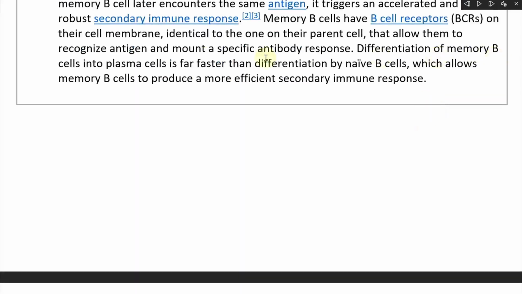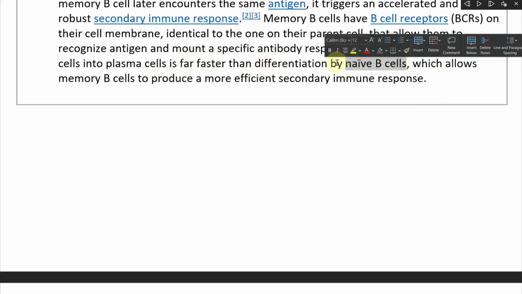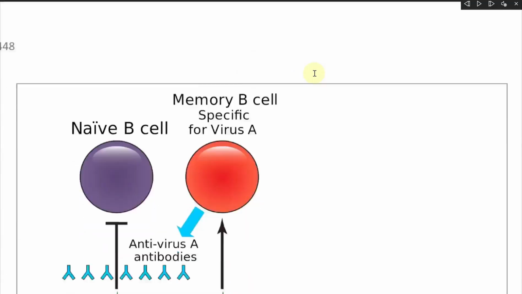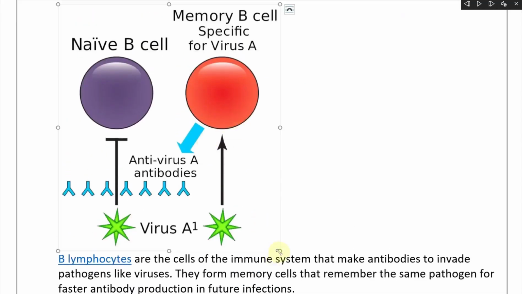Differentiation of memory B cells into plasma cells is far faster than differentiation by naive cells. So yes, that's interesting. So the memory ones can go super quickly to the plasma cells, but this one is slower, which allows memory B cells to produce a more efficient secondary immune response. Very, very interesting setup here.